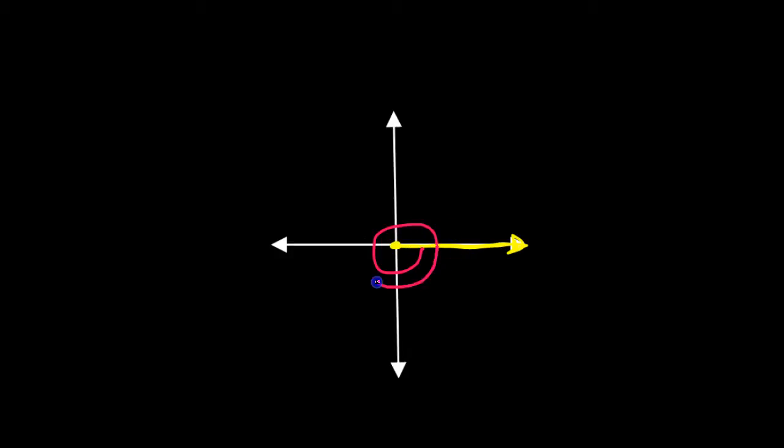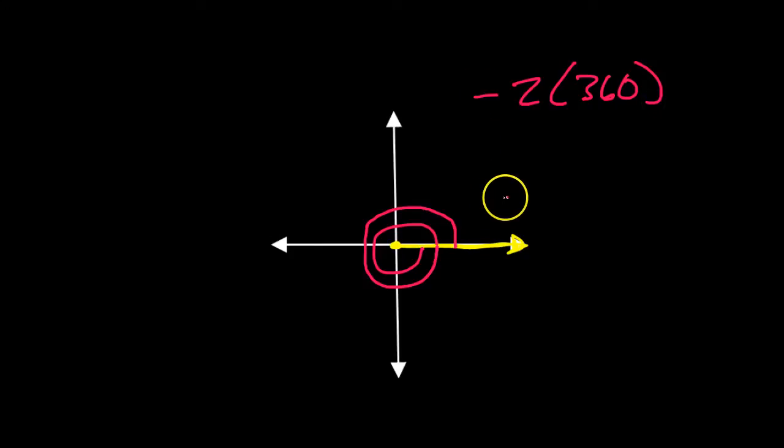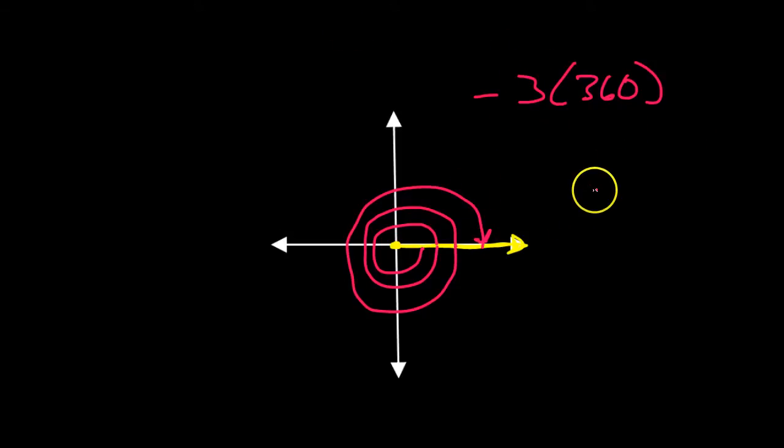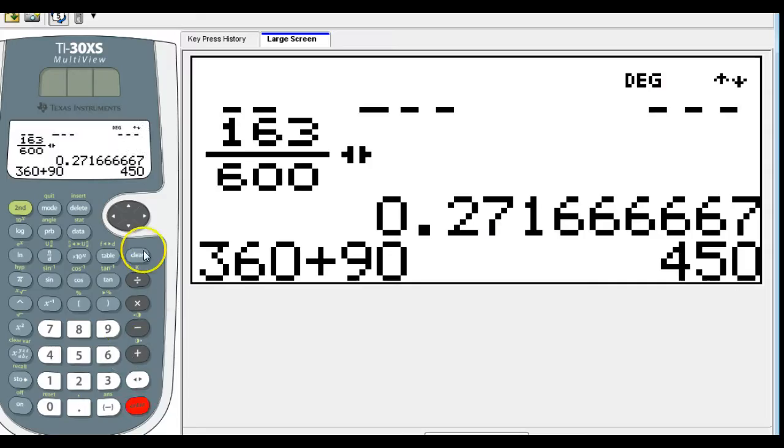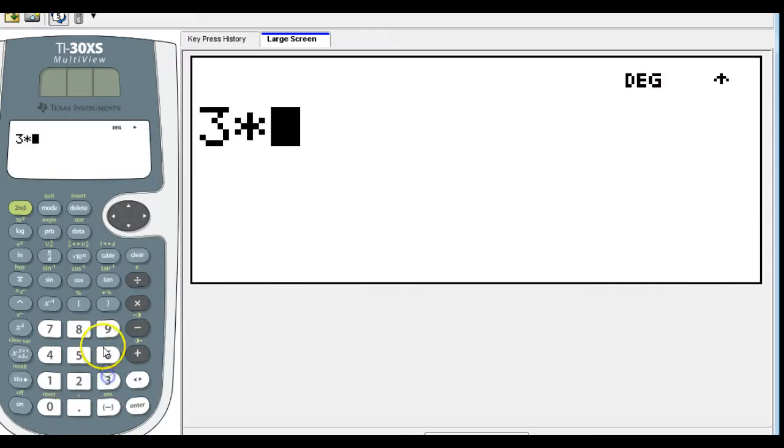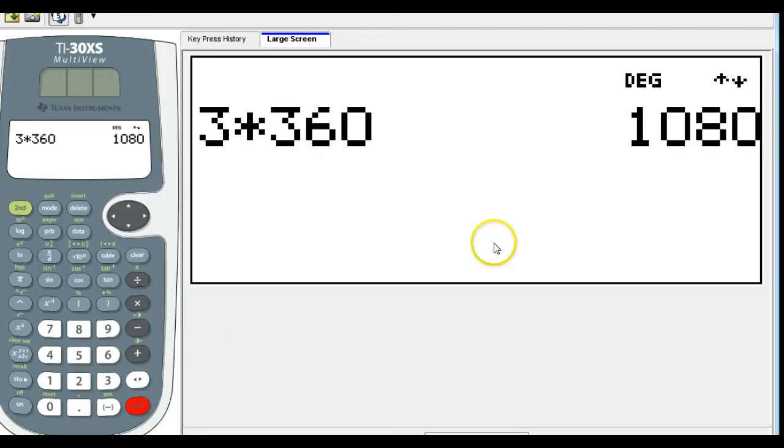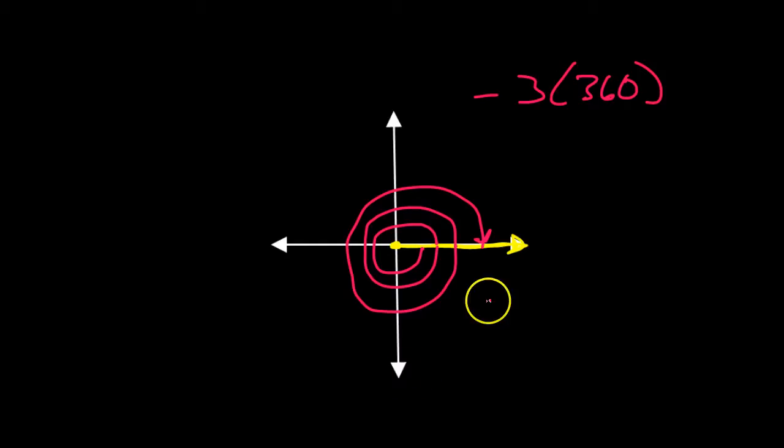But if I go again, that's negative 2 times 360 degrees. If I go a third time, then that's negative 3 times 360 degrees. So that's going to be negative 1080 degrees.